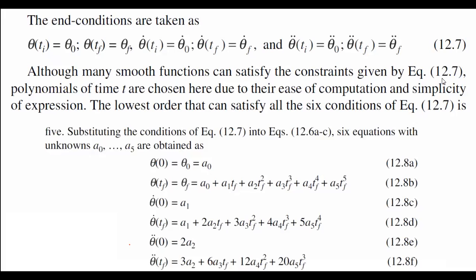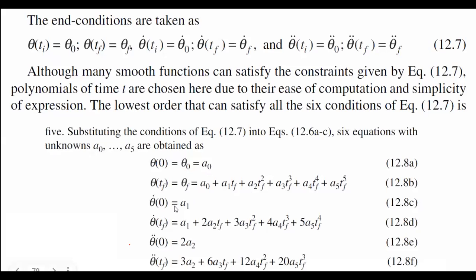Substituting the conditions of equation 12.7 into equations 12.6 a to c, 6 equations with unknowns a0 to a5 are obtained as theta naught is equal to a0, equation 12.8a. Theta tf is equal to theta f, which is equal to a0 plus a1 tf plus a2 tf square plus a3 tf cube plus a4 tf raised to 4 plus a5 tf raised to 5.